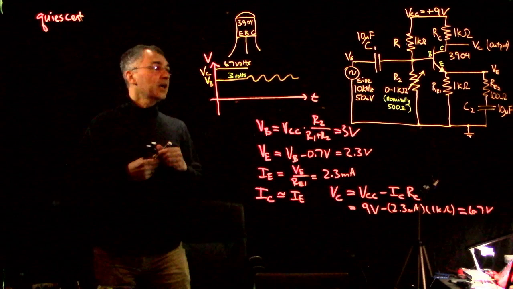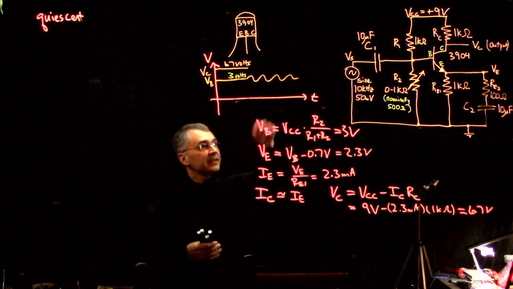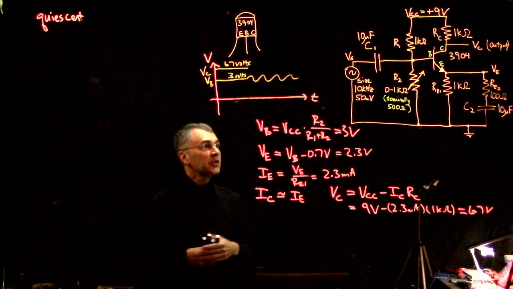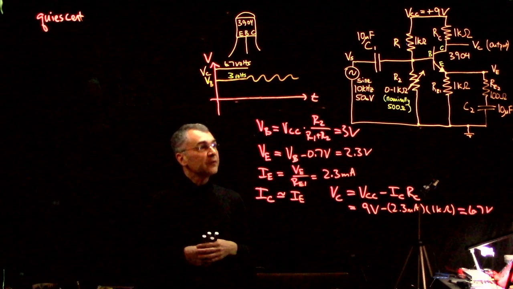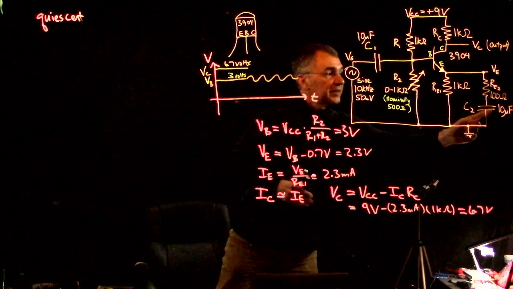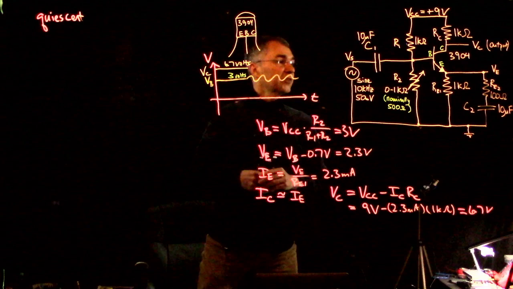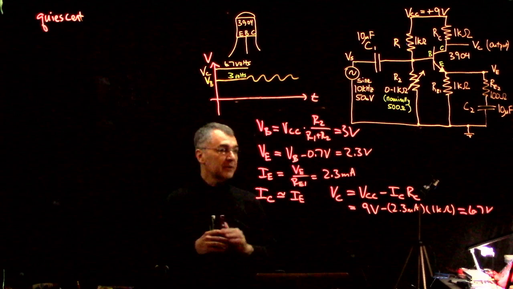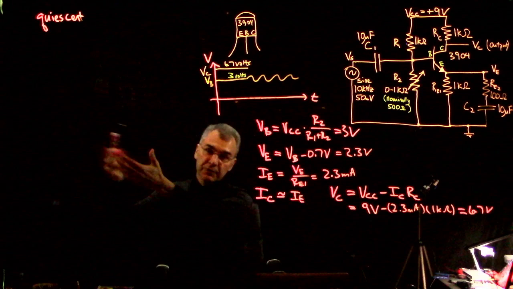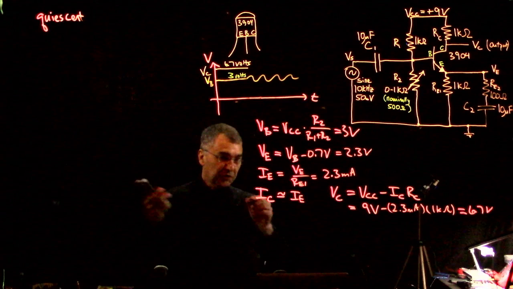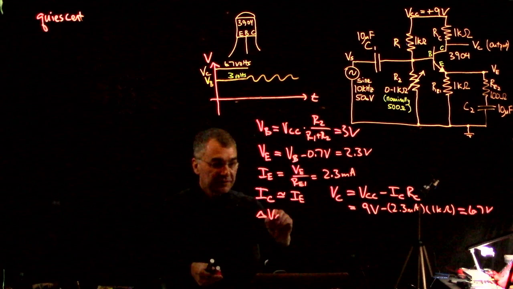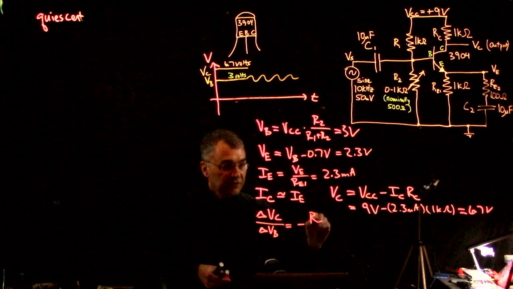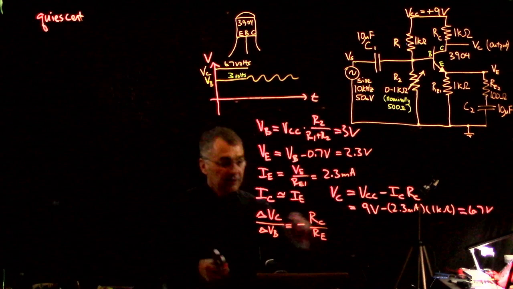And then what happens when we apply a delta at the base? We have a time varying signal at the base, so now we have to account for the fact that this impedance is not infinite for an AC signal. Remember, on the previous board, we said that delta V collector per delta V base was minus RC over RE.